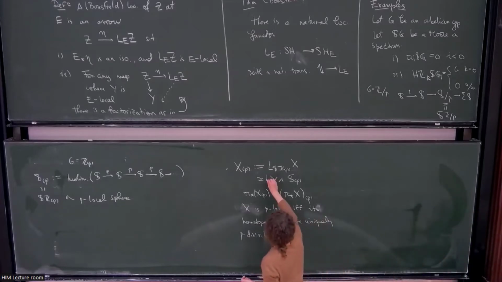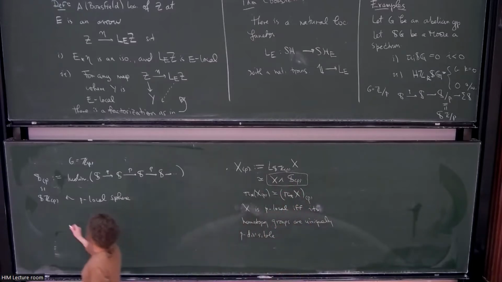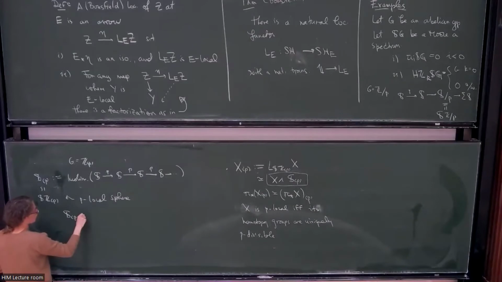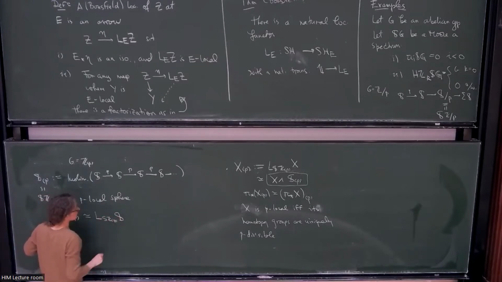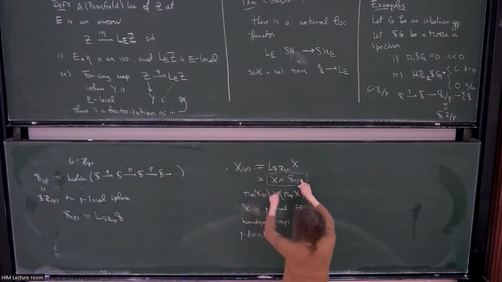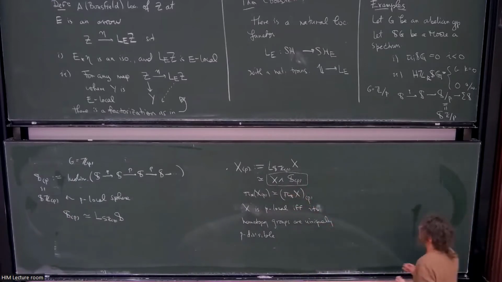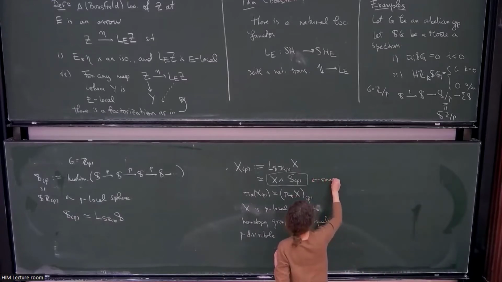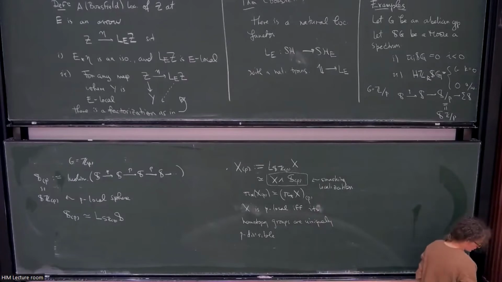A localization that has this property, that you just take the thing and smash with what you got from localizing the sphere spectrum, is called smashing localization. We'll see more examples of those.